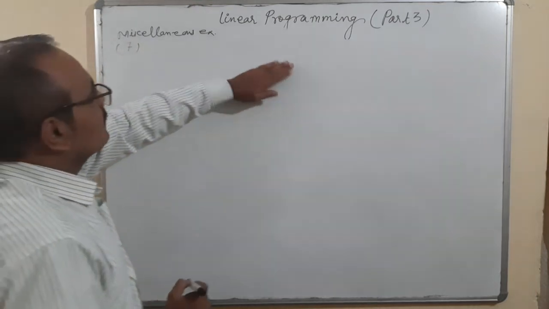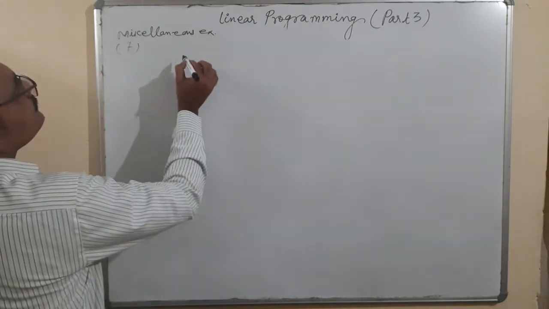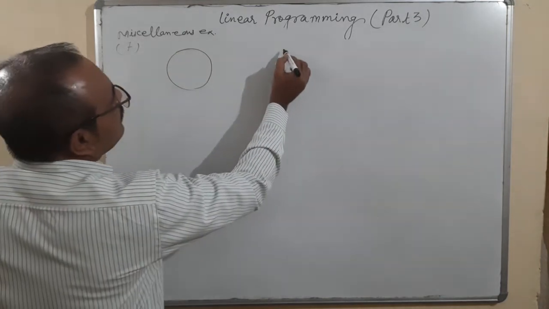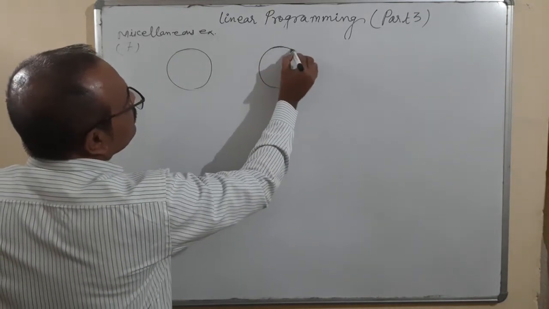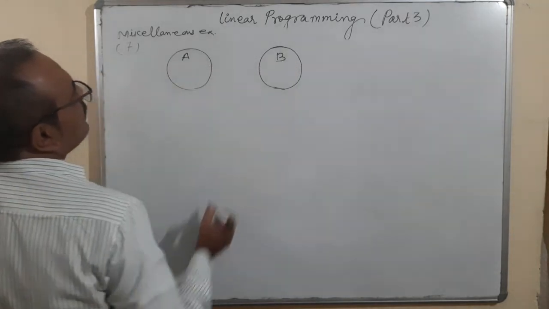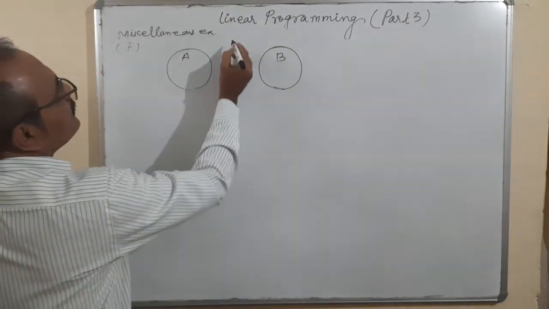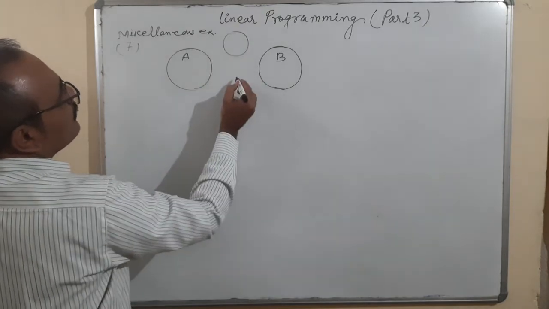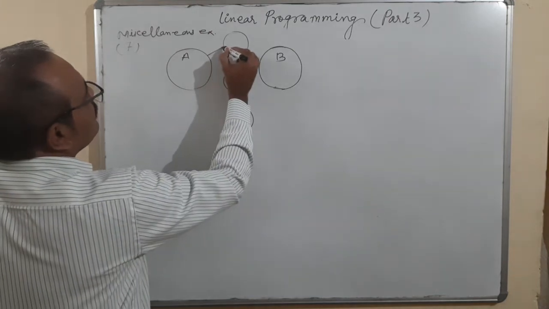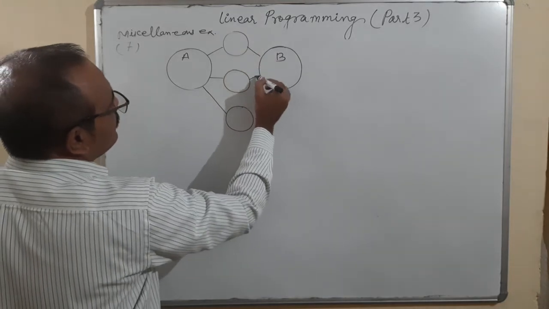In question 7, there are 2 depots, A and B, and 3 petrol pumps, D, E and F, because supply goes from the depot to the petrol pump.